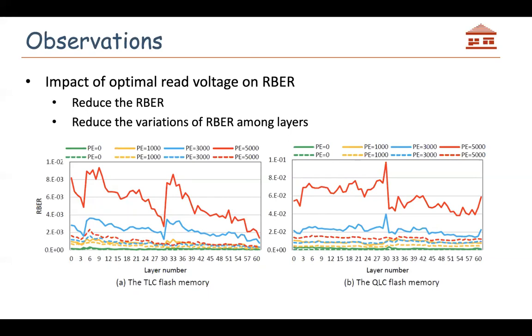We can observe that first, reading data with the optimal read voltages significantly reduces the RBR, especially for QLC flash because there are more errors. Second, when using the default read voltages, the RBR presents huge variations among layers. But if we use optimal read voltages, the variations of RBR among layers can be reduced.